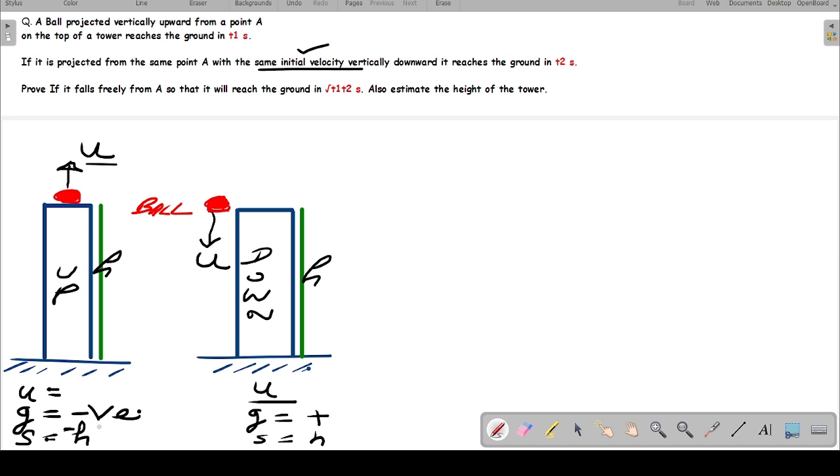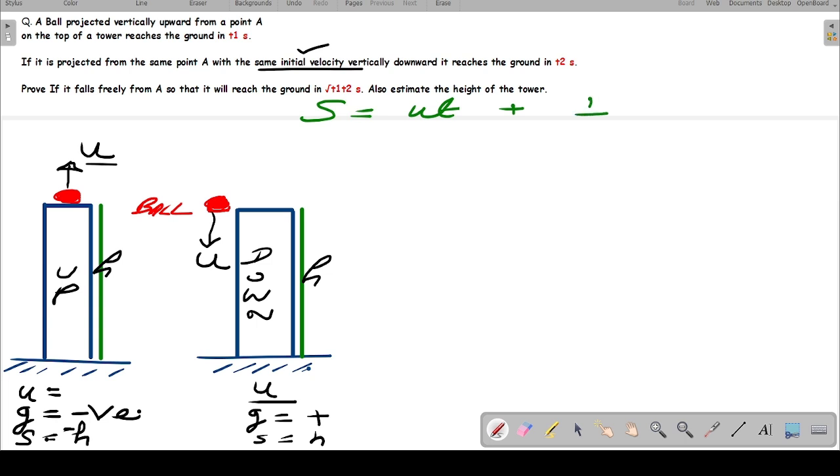So that's why the displacement magnitude will be h in both the cases. But in the first case, when the ball is thrown upward, the displacement will be minus h, because all of this action is happening against gravity in the upward case, right?